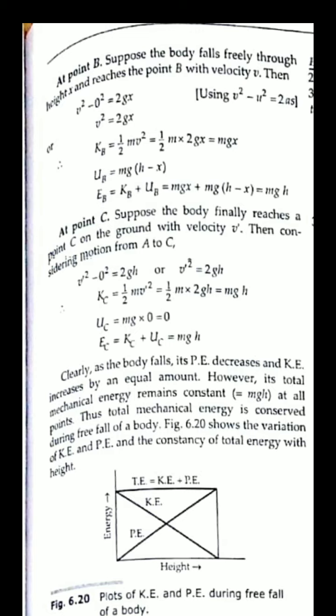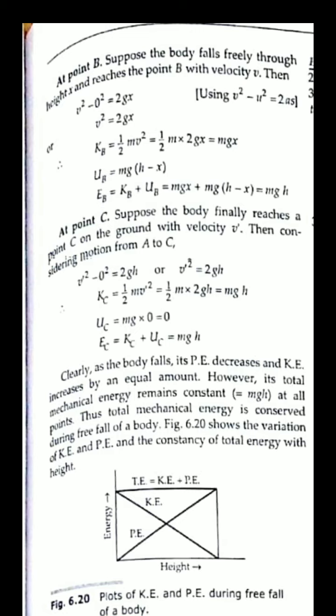the body finally reaches the ground with velocity v dash. Here also u equals 0, and v dash squared equals 2gh from the third equation of motion. The kinetic energy is half m v dash squared, and putting in the value of v dash squared, we get mgh.